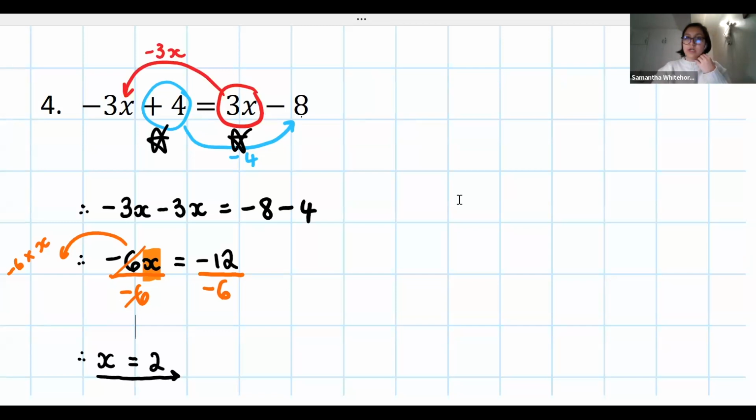Okay, you're taking screenshots? And again, remember, if you want to check, you substitute in. That is how you will know if your answer is correct.